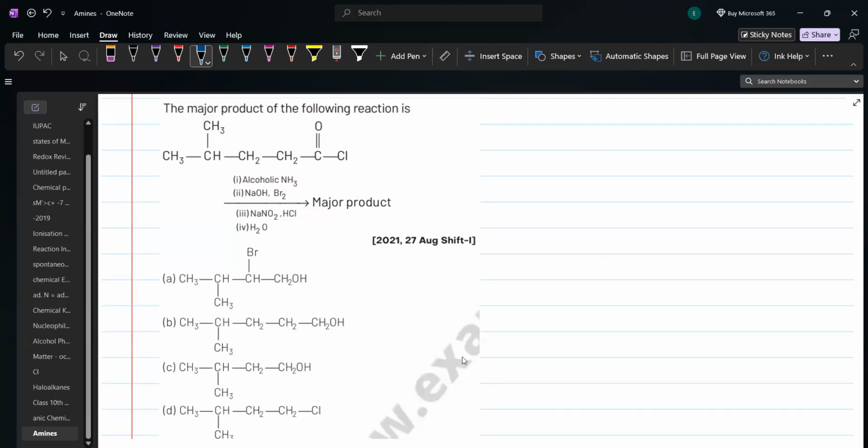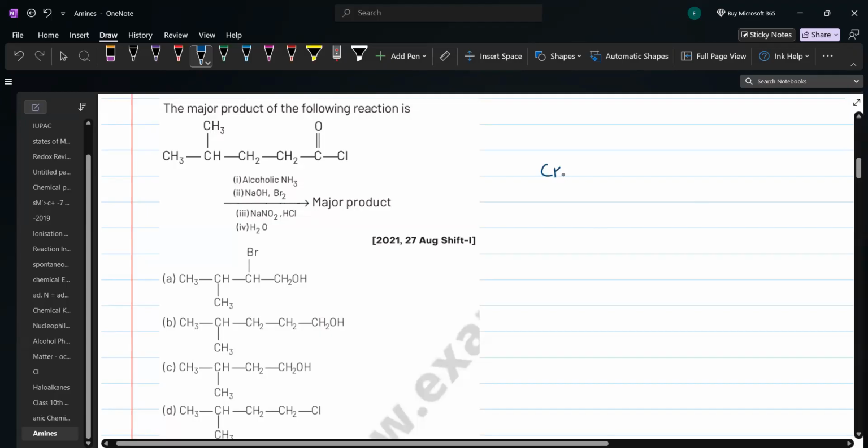This is a very big one. Let me give an idea about this Hoffman bromide degradation. Here is CH3COCl, sorry, CH3CONH2 is there.